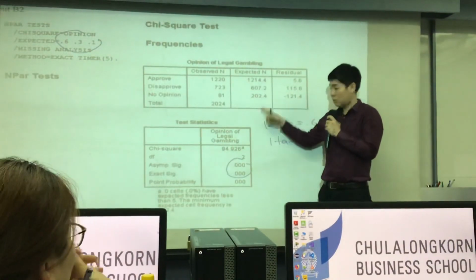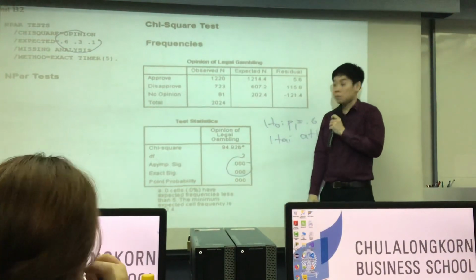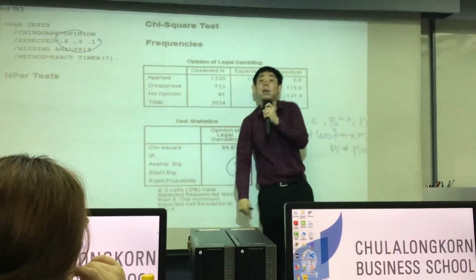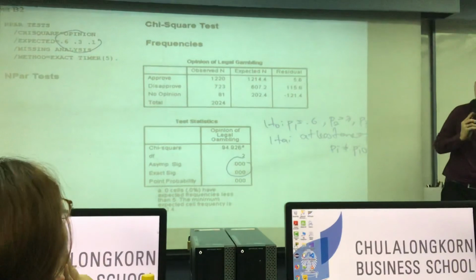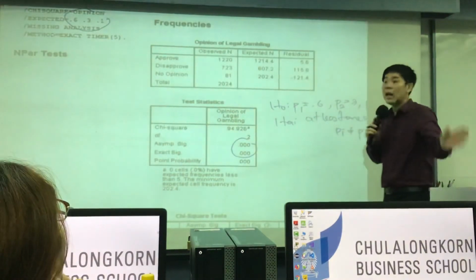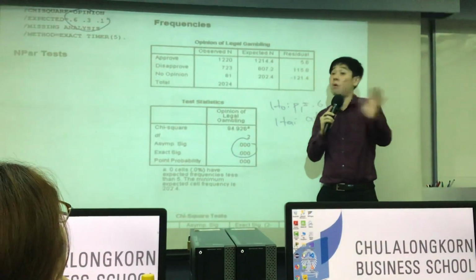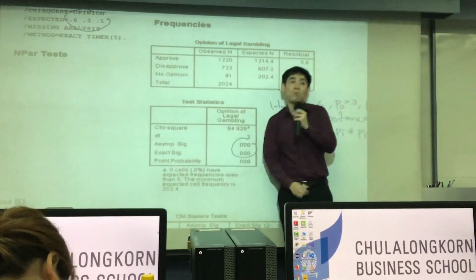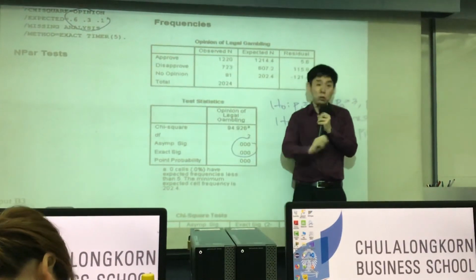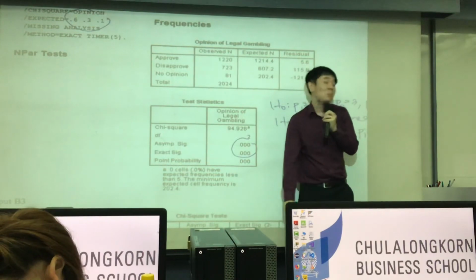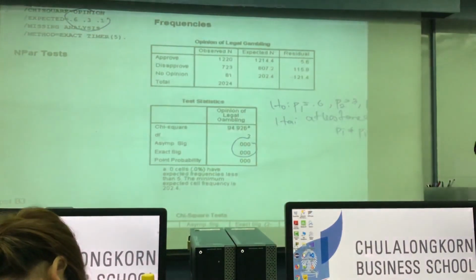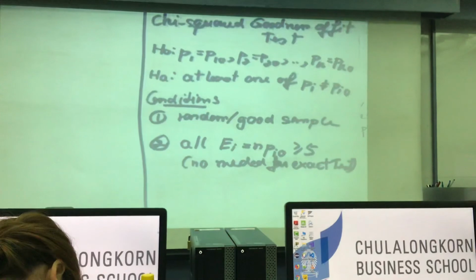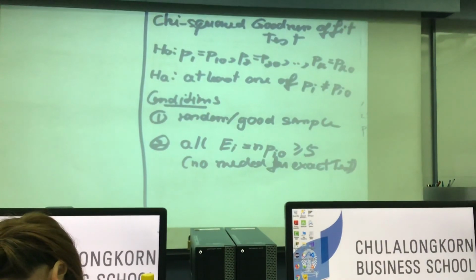Large, okay to use. But there is another one, the exact p-value. The exact p-value doesn't need n to be large, it can always be used. To me, if you have this option, just use the exact p-value and you're done. That's why in my conditions I say no need for the exact case.